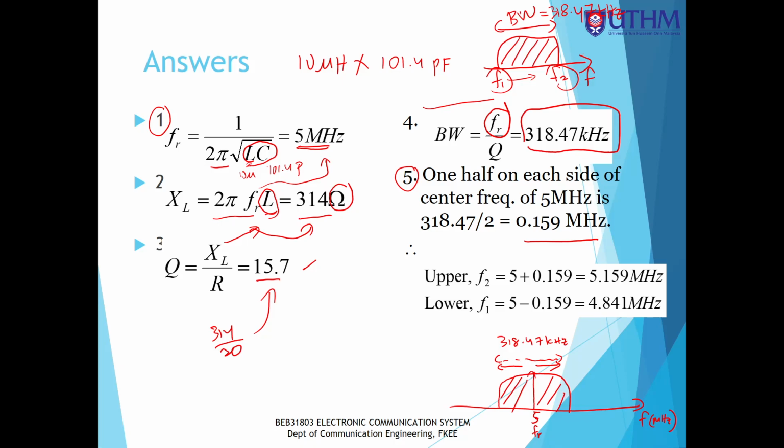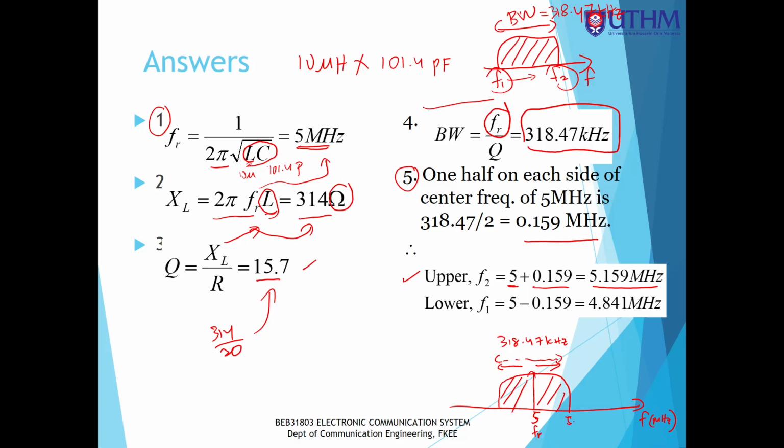Okay, so when we want to find the upper limit, we just add half of the bandwidth to the resonant frequency, so that we can get the upper bound. F, the resonant at the center, plus half of the bandwidth, so we get the upper limit, 5.159.